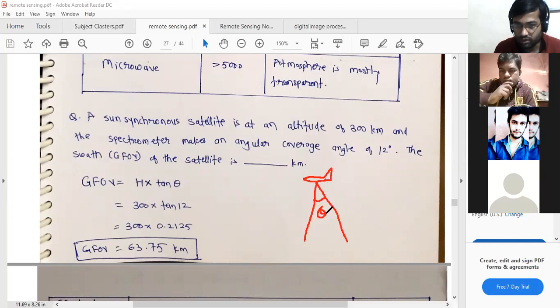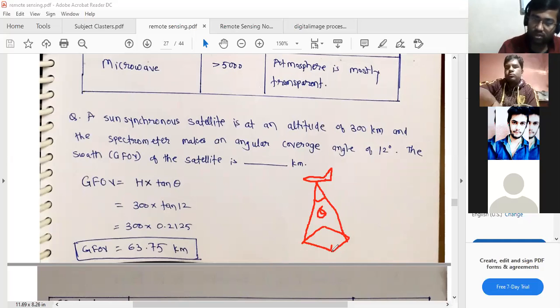With the help of this, you can observe this much area, the coverage area at a particular instant. Now this aircraft is moving in the atmosphere. If you are observing from a satellite, let's say a geostationary satellite, then what will happen?